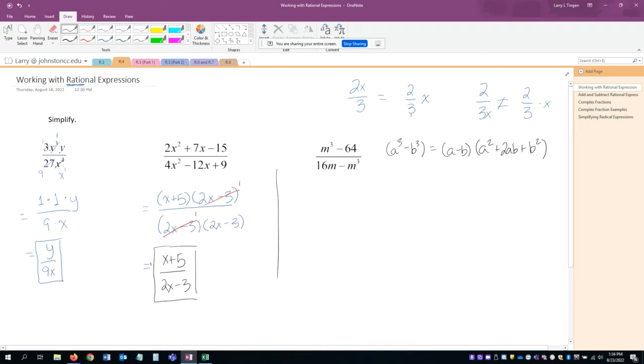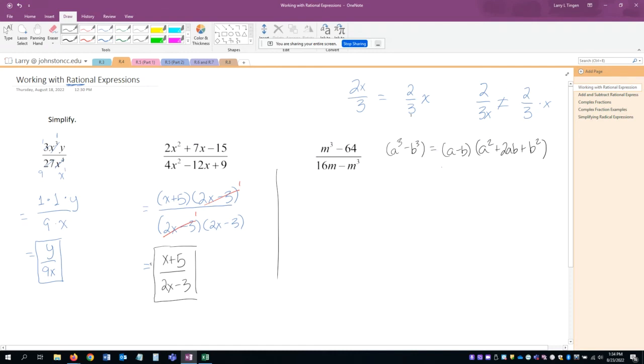This is just a rule from the textbook. It is not a situation where you just know that off the top of your head. So do I have this? Yes, I do. I have it right there. M cubed is just m times m times m. 64, that's probably the tougher one. The cube root of 64 is 4, right?